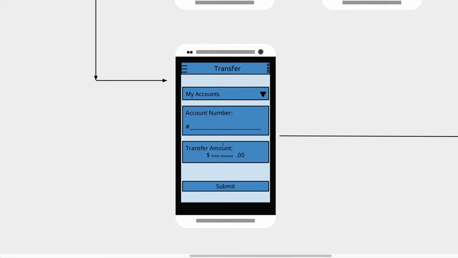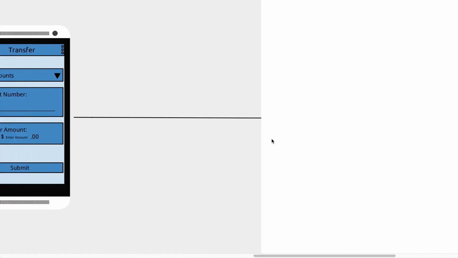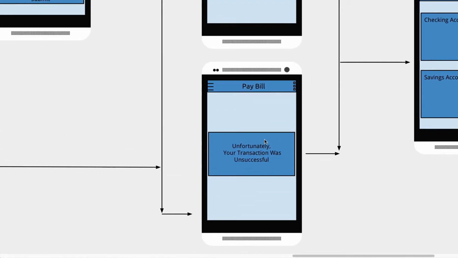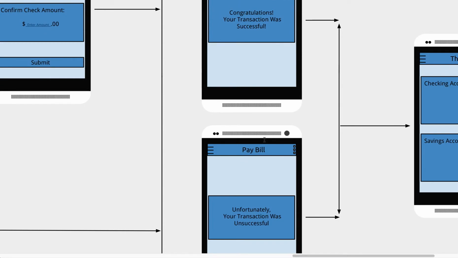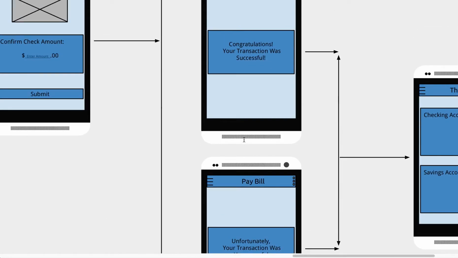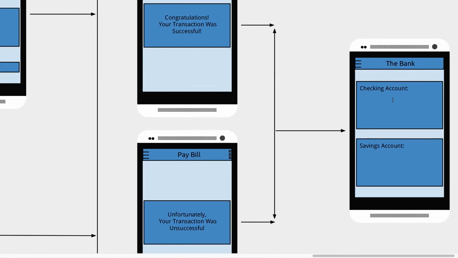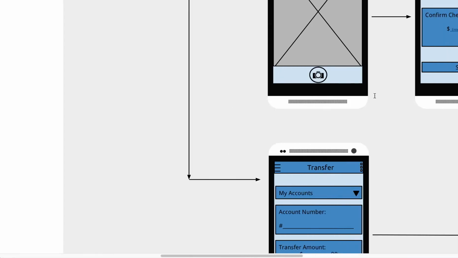Down here, you would have the option to enter the amount that you would like to transfer. Upon submitting, you'd be taken to these alert screens that would inform you whether your transaction was successful or unsuccessful, and you'd be directed back to the bank home screen.